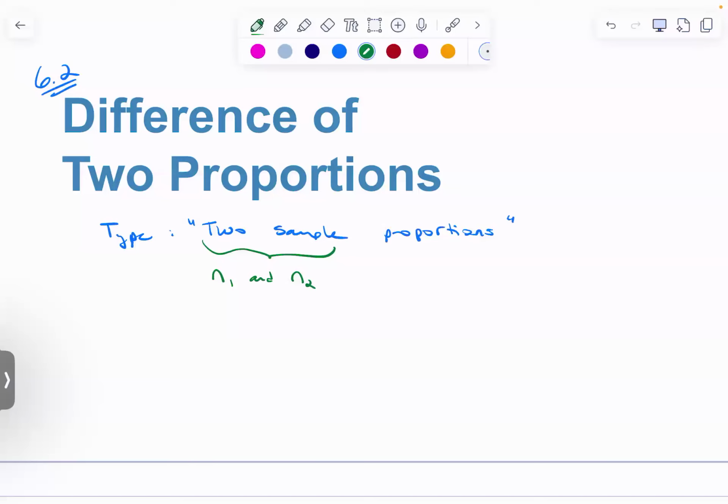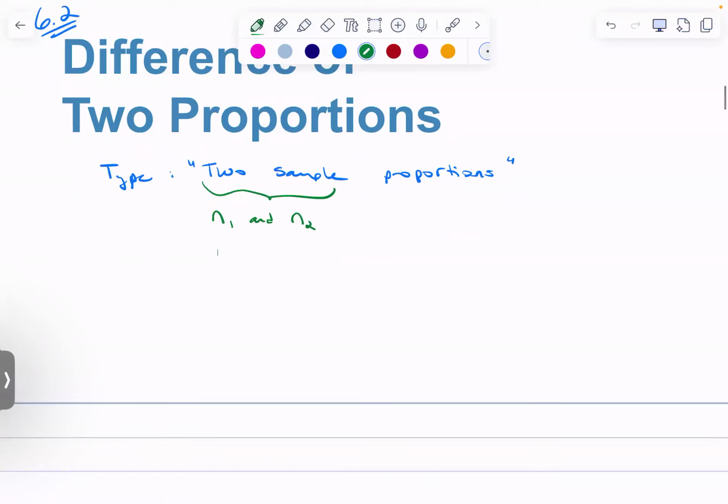I have a sample from group 1 and a sample from group 2. It also means that I have a sample proportion from group 1 and a sample proportion from group 2. And I want to compare these two. So we've got these sample proportions, P1 hat, P2 hat, and we want to learn about P1 and P2, specifically how they compare to each other.